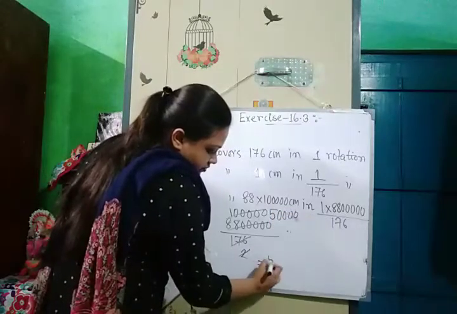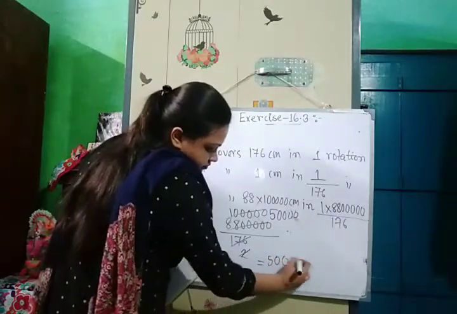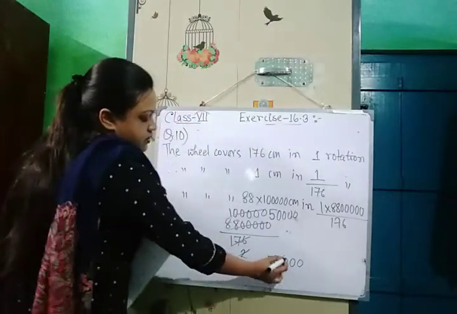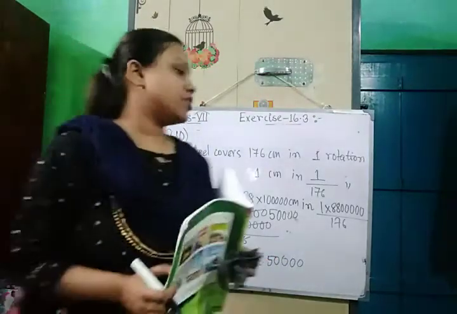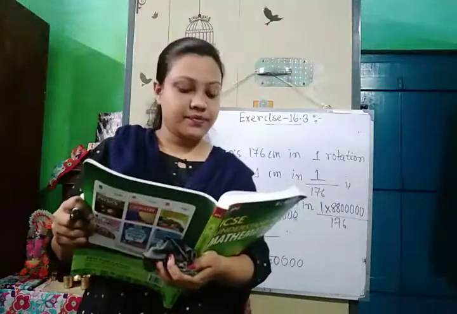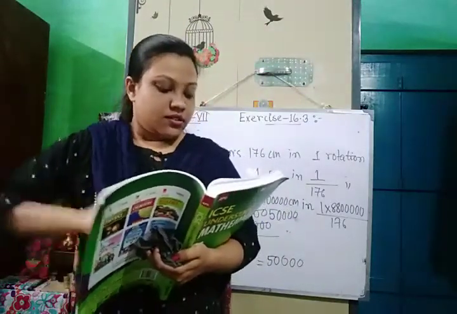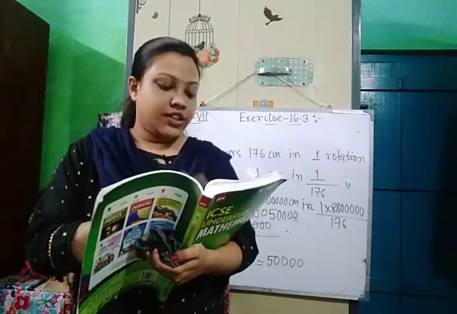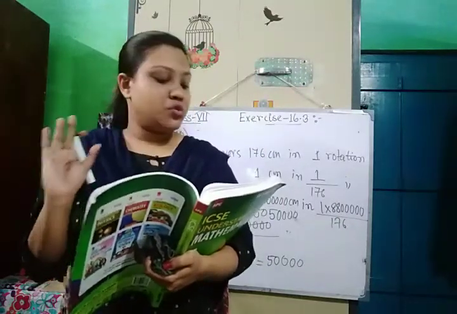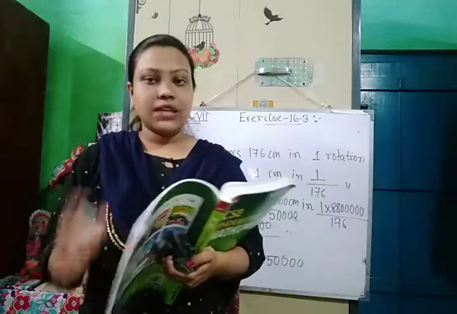So it's 50,000 rotations. 5, then 4 zeros. So 50,000 rotations will be needed. So the wheel of the car will rotate 50,000 times to cover 88 kilometers. That will be the answer.